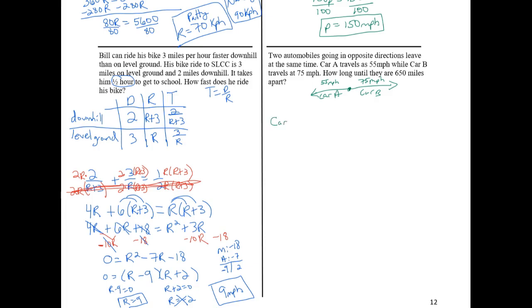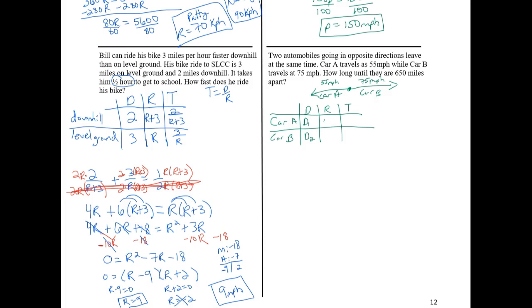So again, I'm going to fill in a chart. Car A, car B, and distance equals rate times time. We don't know anything about the distances of car A and car B. I'm just going to say distance 1 and distance 2, since they're different distances. And they have to be different distances because they're traveling at different speeds.